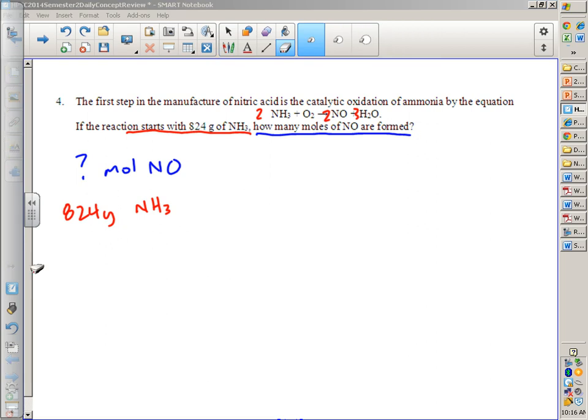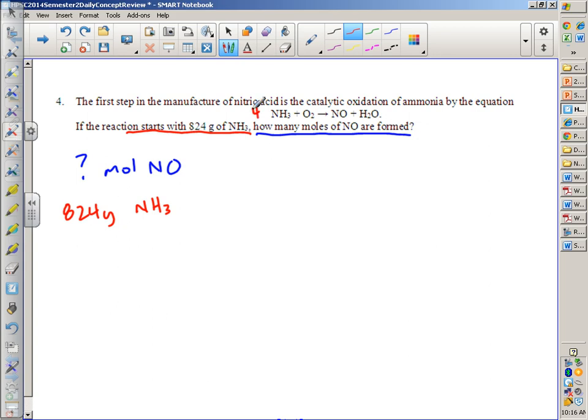So here, we'll make this 4, we'll make this 4, we'll make this 6, and then that leaves us with 10 oxygens. That's going to be a 5 there, so that our balanced equation is 4NH3 plus 5O2 gives us 4NO plus 6H2O.